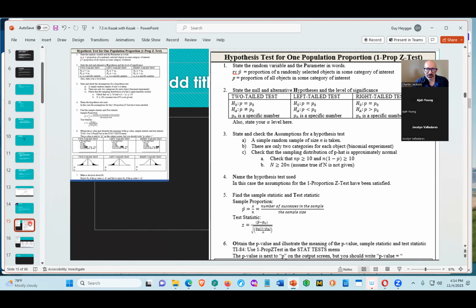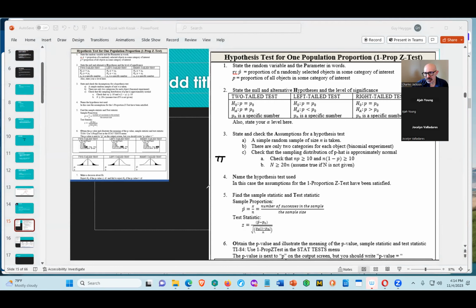And what's even more confusing is if we had used, and sometimes this does happen in literature, a capital Greek letter P for the population proportion.